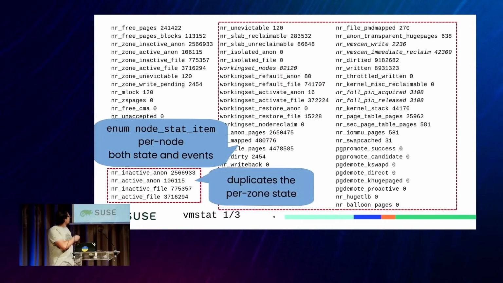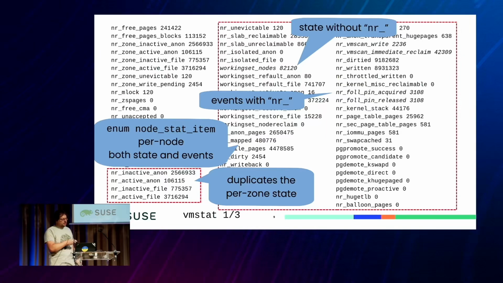Some of them are actually duplicating the active and inactive, and you can see that also for the per zone. I think that's because at some point when reclaim moved from being zone-based to node-based, we needed node-based values without summing them up from zones every time. So maybe we can now remove those. That's one of the things on my to-do list to look at.